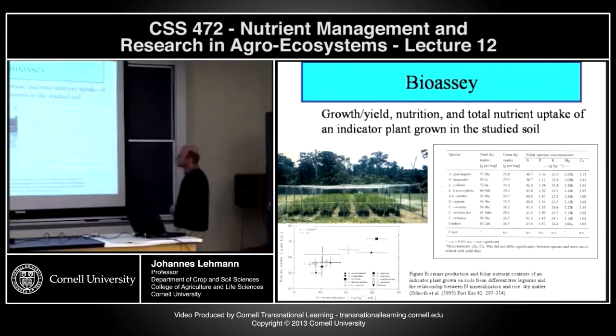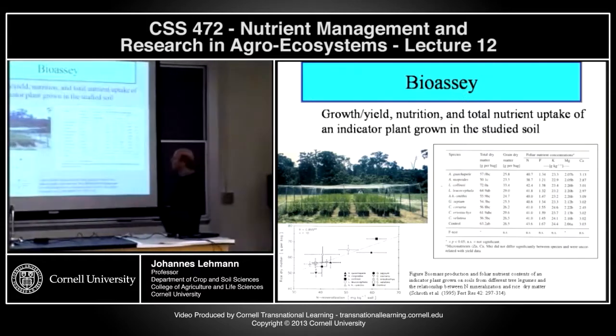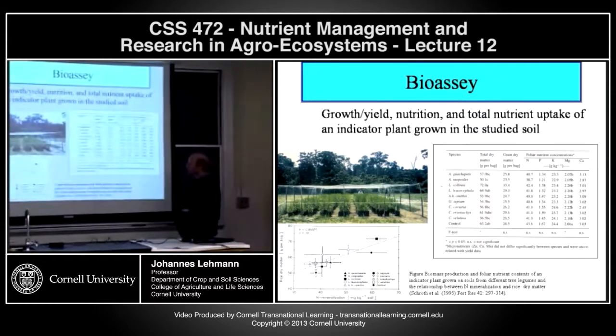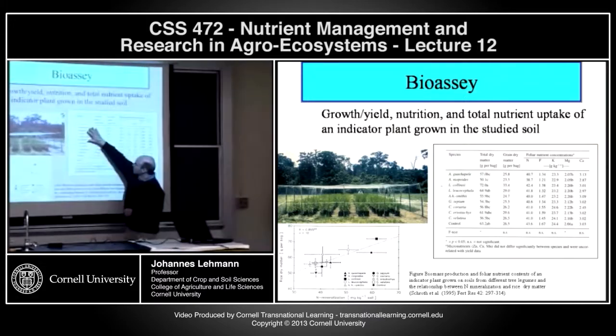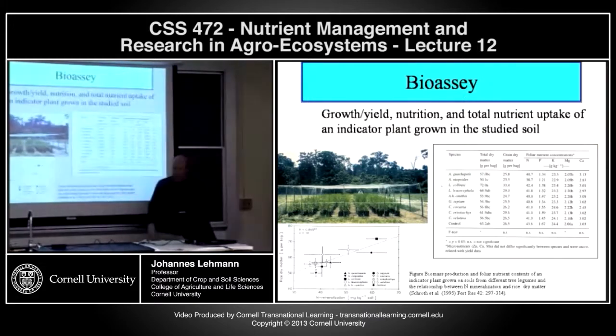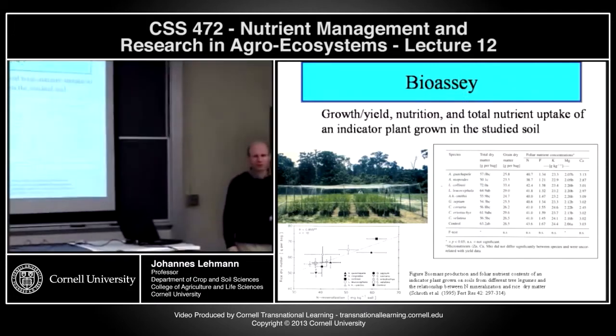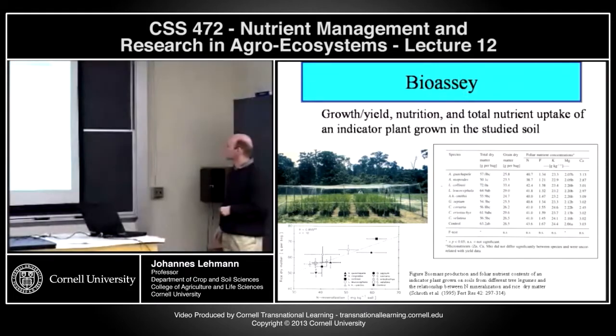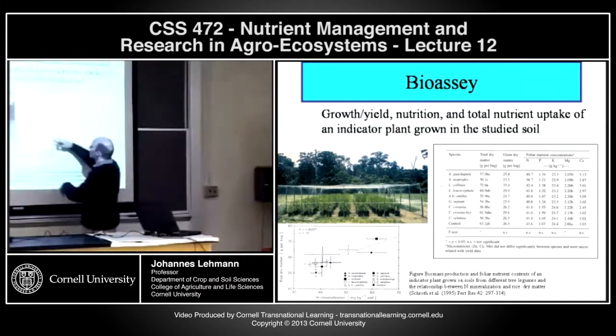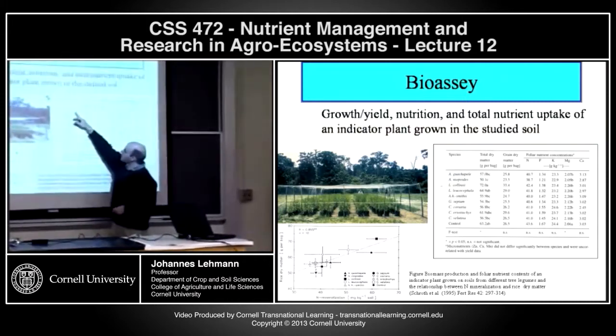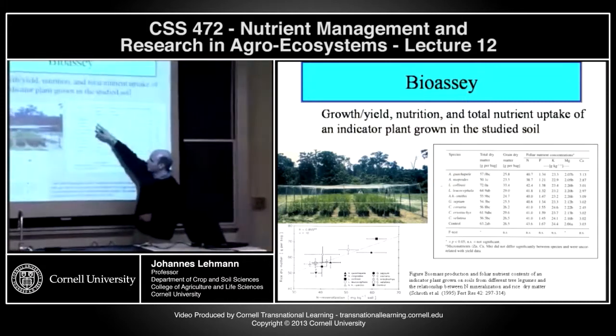So this is an example from the Ivory Coast, where different soils from an intensive fallow experiment were used. And here you see these are all different soils that came from sites under different intensive, woody fallow.